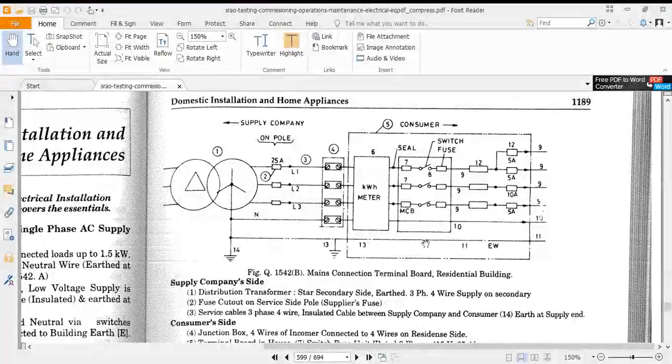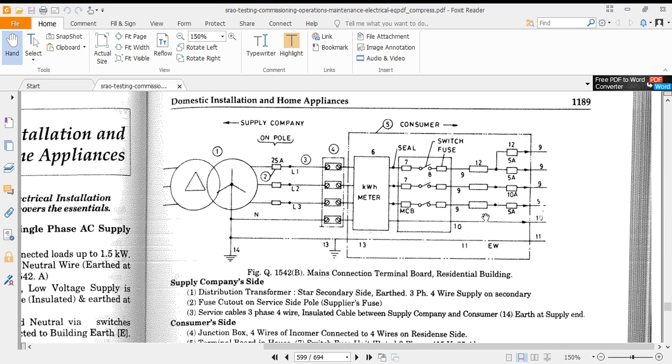So this is how the arrangement is. This is a three-phase supply generator. Then we have the power, one neutral and the earth wire. This is a terminal box from where it goes to the energy meter, and from the energy meter we have the switches, maybe ironclad switches for making on and off.